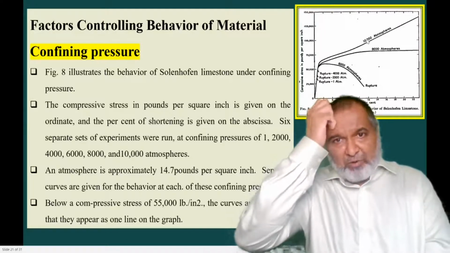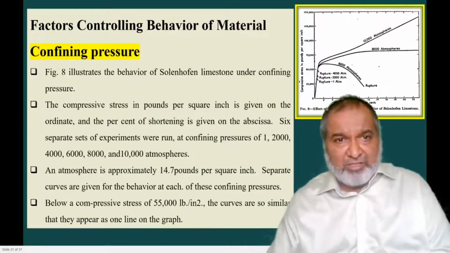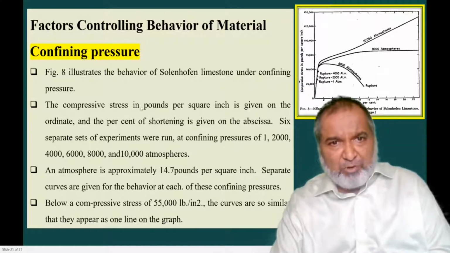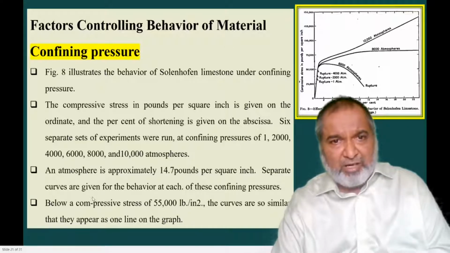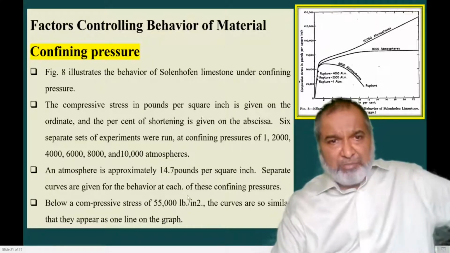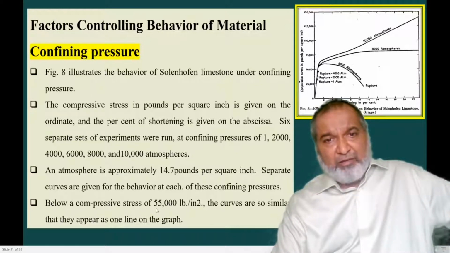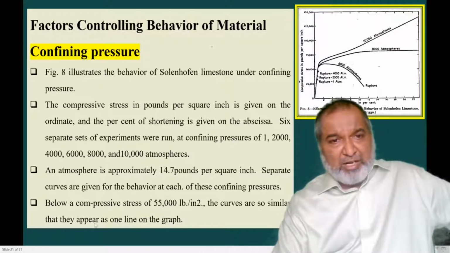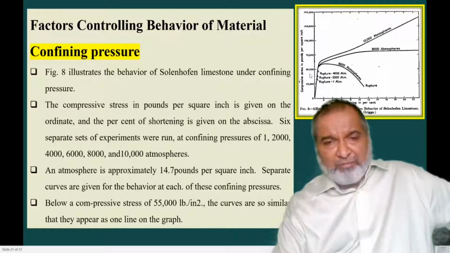These are the confining pressures. The atmosphere is approximately 14.7 pounds per square inch. Below a compressive stress of 55,000 pounds per square inch, the curve is similar to the upper line of the graph, a straight line.